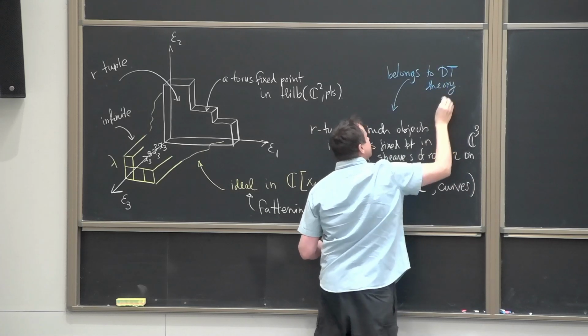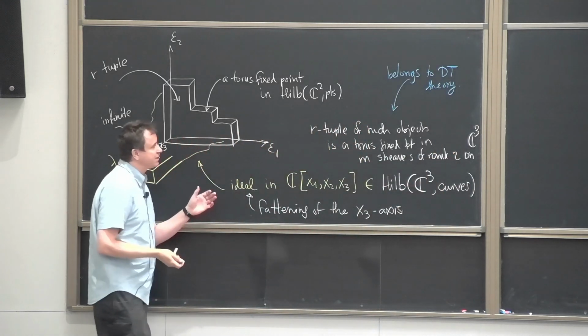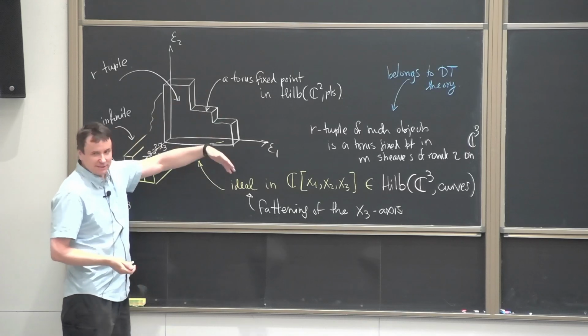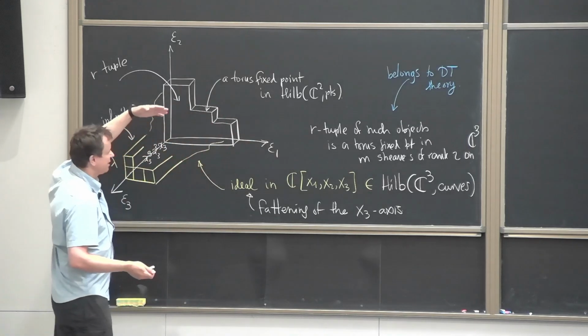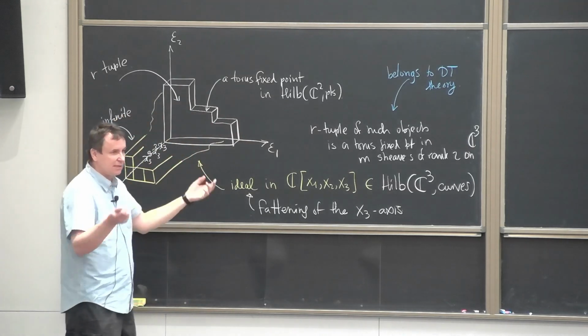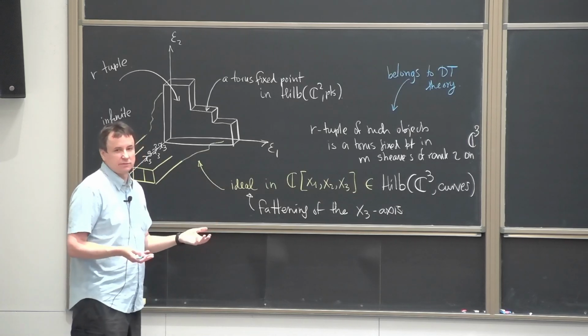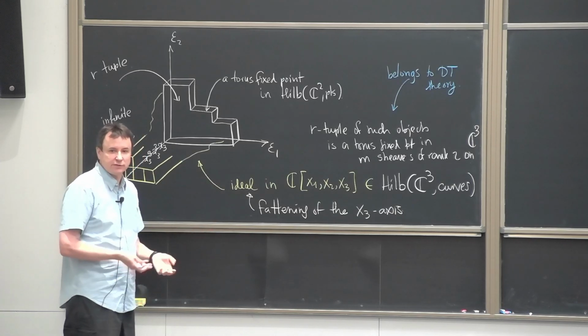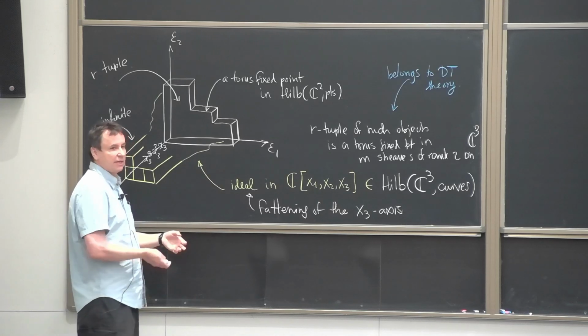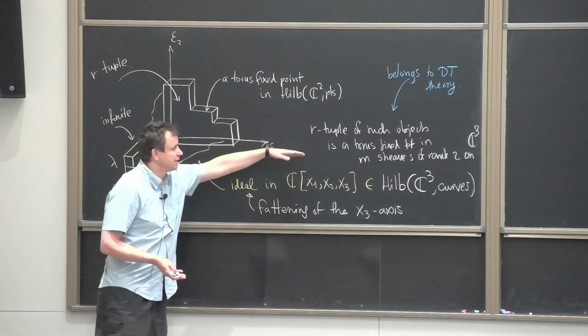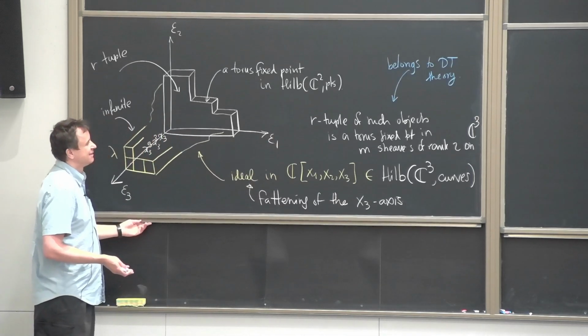In a sense, DT theory in general, the old DT theory, has to do with counting things on threefolds: counting curves on threefolds, counting points on threefolds, counting bundles on threefolds.